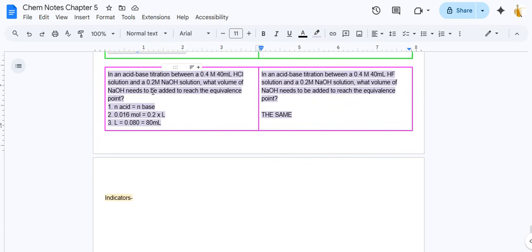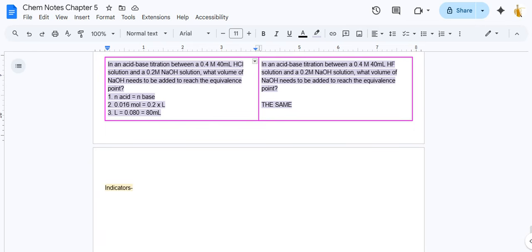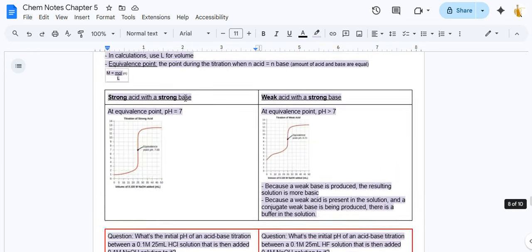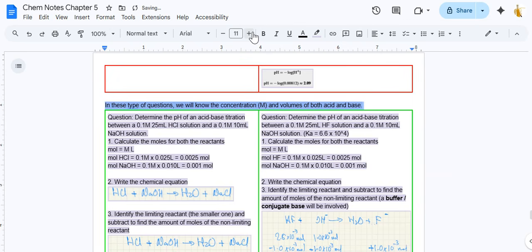Now for the last type of questions. But before that, I said in these types of questions, we'll know the concentration and volumes for both the acid and the base.